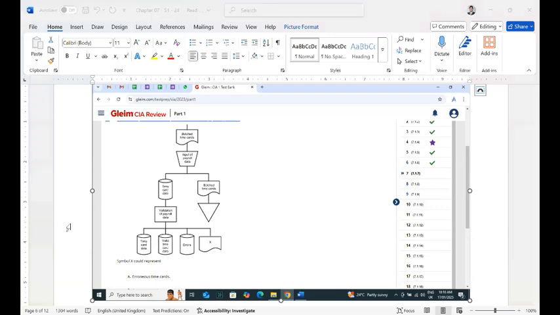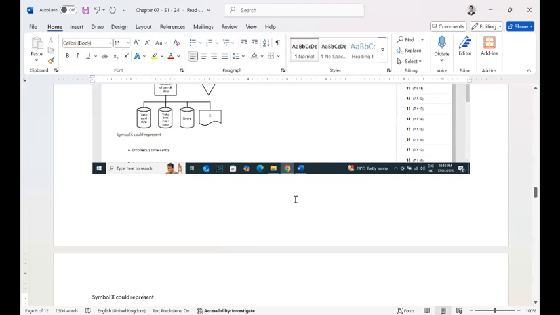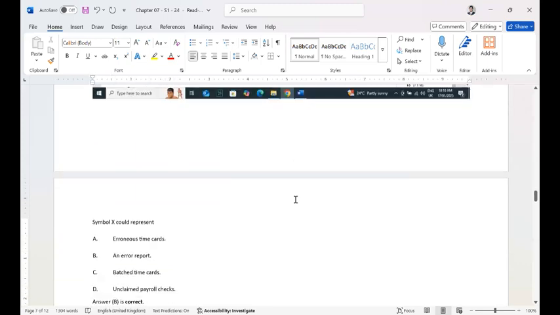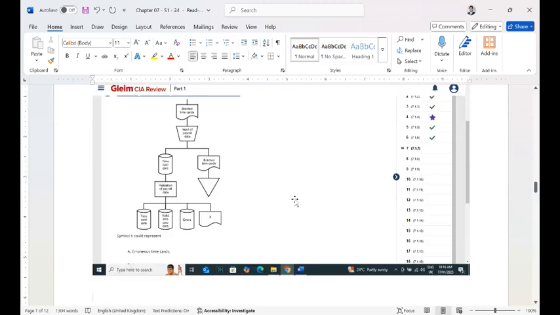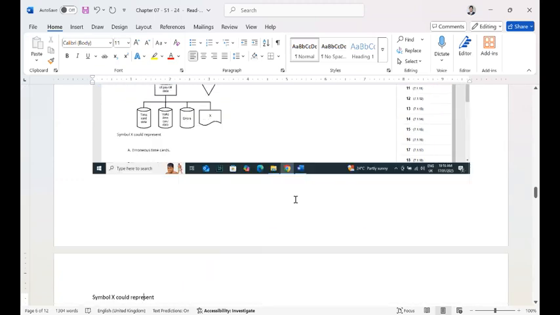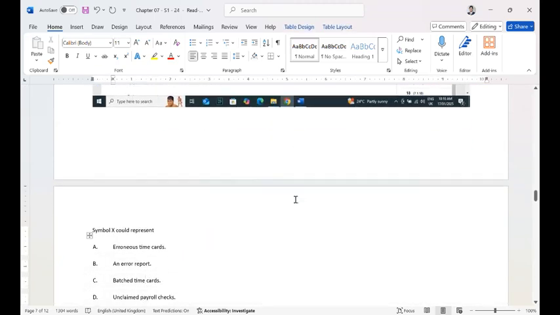Document, yeah. Symbol X is an error report. Yes, error report is a document. So if you look at this, it's something coming out of a process. So it's a report, more reports.